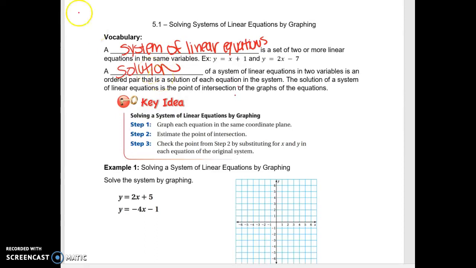So whenever we say solution, we mean that's the answer. Whenever we graph 2 lines on a coordinate grid, they will have an intersection point. That intersection point is the solution or the answer.